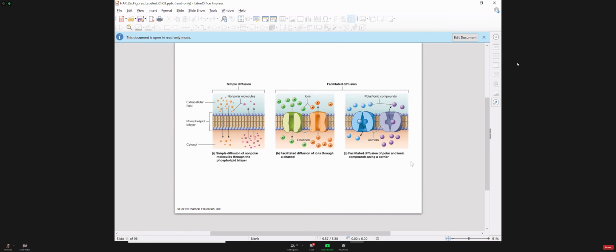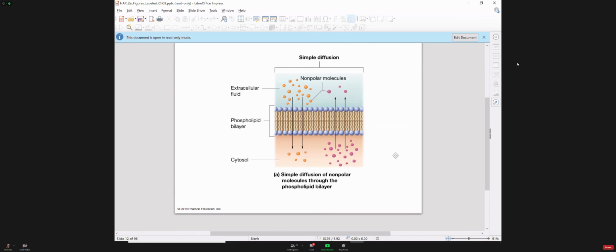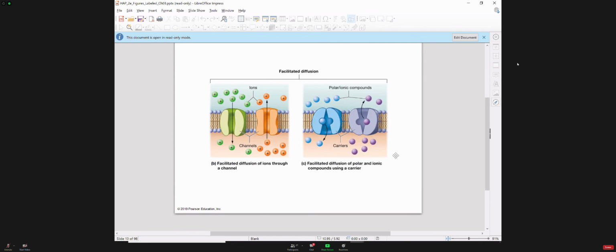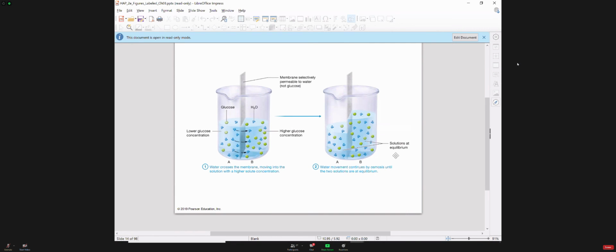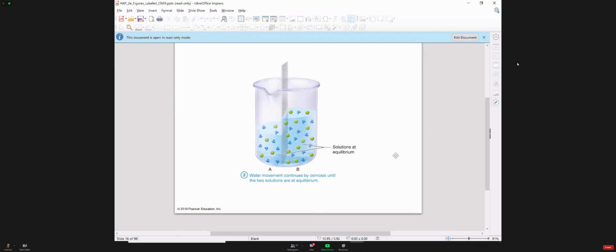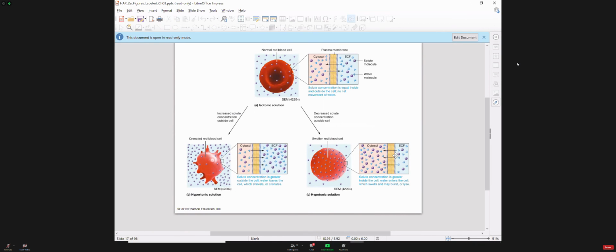This is another representation. I have to talk about a special process called osmosis. Osmosis is a passive process, and it happens in an environment where we have a membrane.